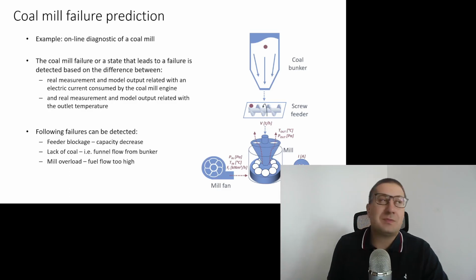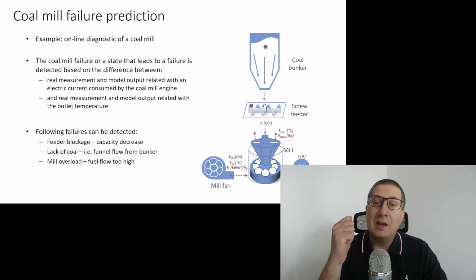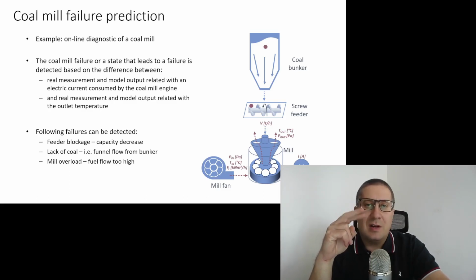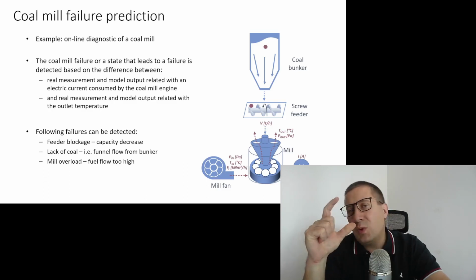Of course, one can say that why not just set some alarms, set some limits, minimum and maximum limit, and raise the alarm if the current will be higher than the maximum limit or lower than the minimum limit. But the problem is that those current differences are, let's say, small.